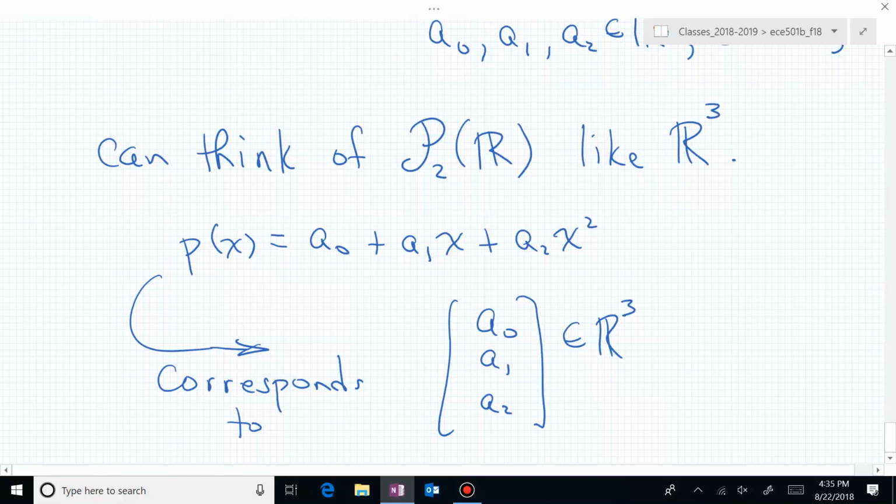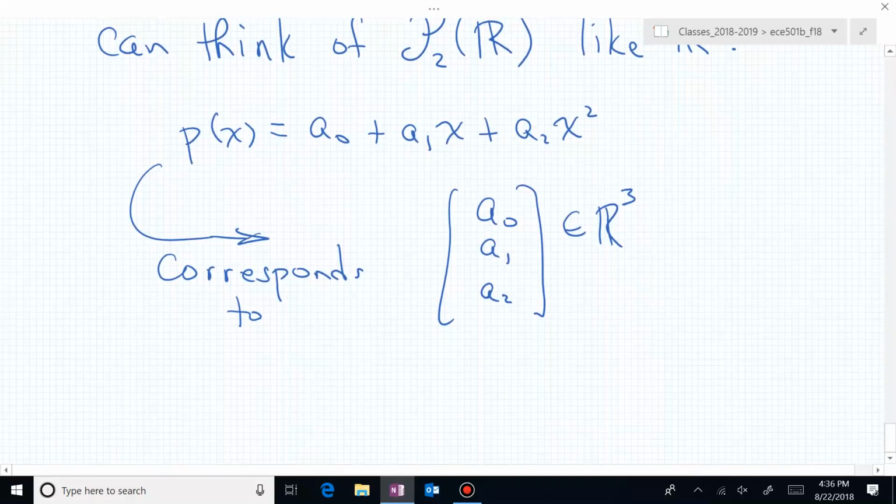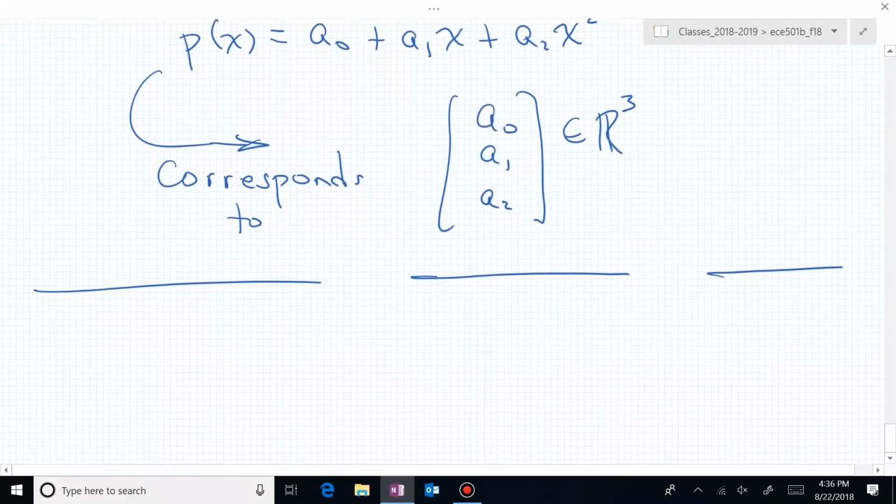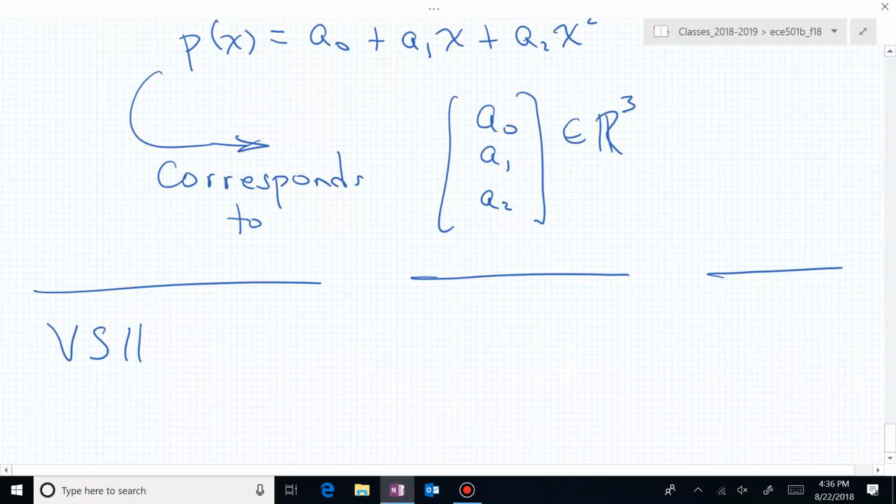You could say, oh, you give me a 3 vector, that's like me talking about a second order polynomial. Again, we're trying to open up or be capable of thinking abstractly with these ideas.